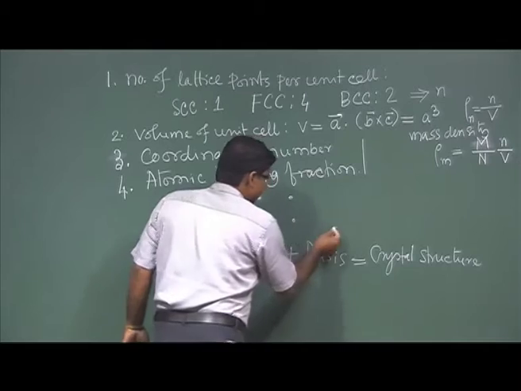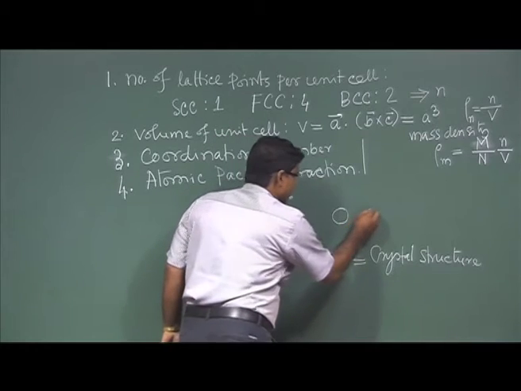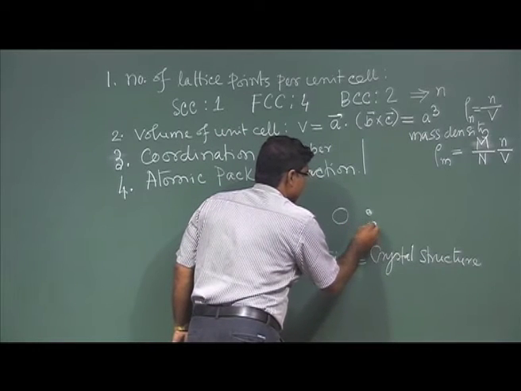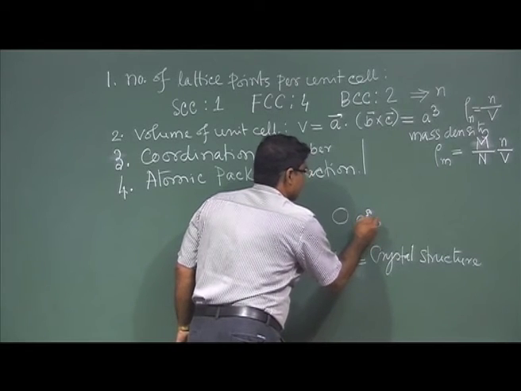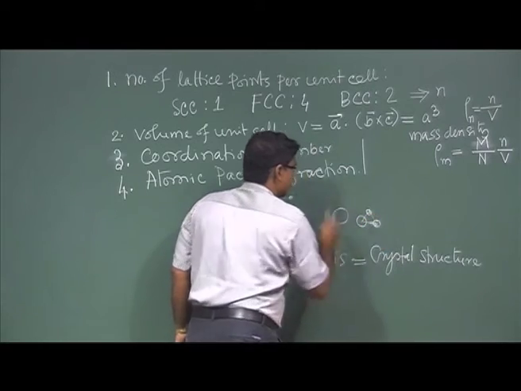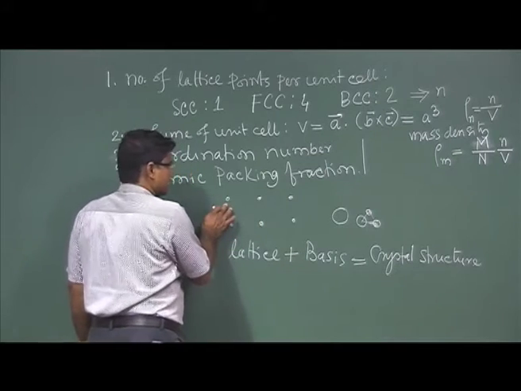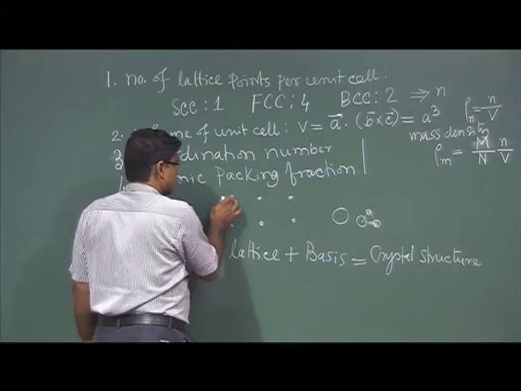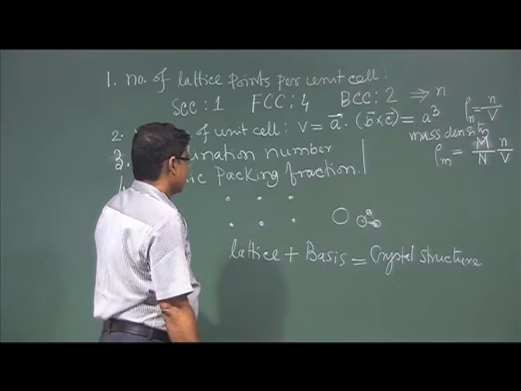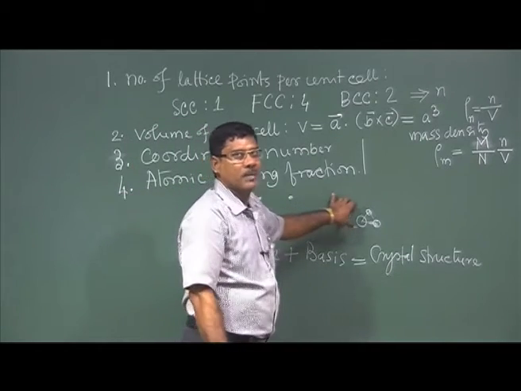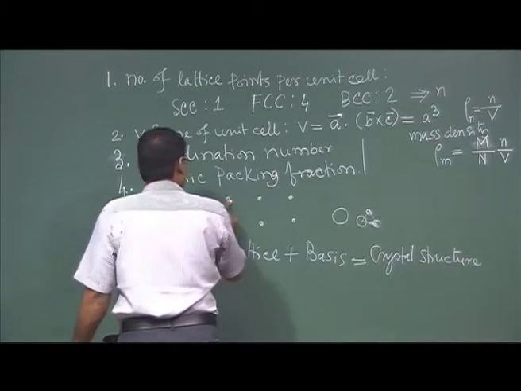So basis can be just one atom like this, or it can be a group of atoms, like this type of group of atoms. Whatever it is, we have to attach it to each lattice point in such a way that the center of this atom or group of atoms coincides with the lattice point.